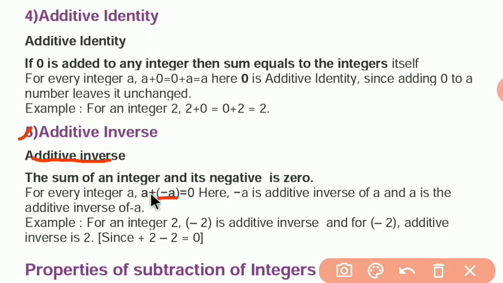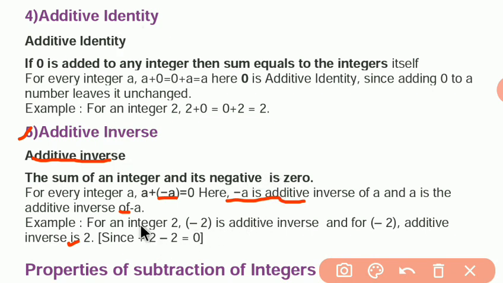And a plus into minus, so a minus a is equal to 0. Here minus a is the additive inverse of a and a is the additive inverse of minus a. For example, for the integer 2, minus 2 is the additive inverse, and for minus 2, the additive inverse is 2. Since 2 minus 2 is equal to 0. So the sum of an integer and its negative is 0.